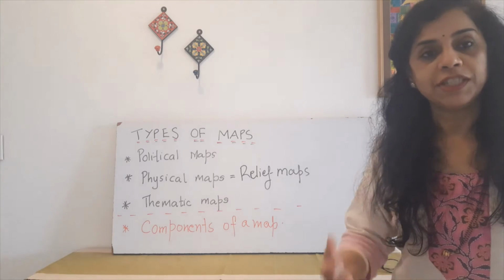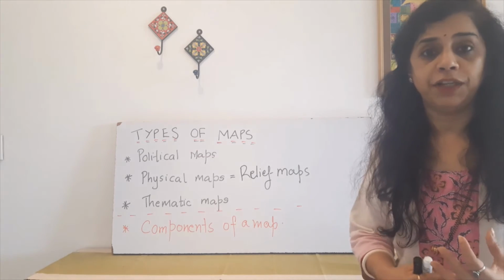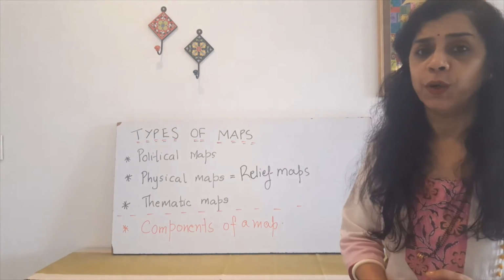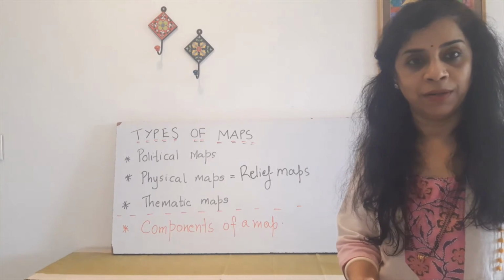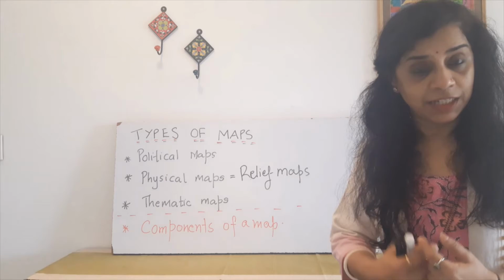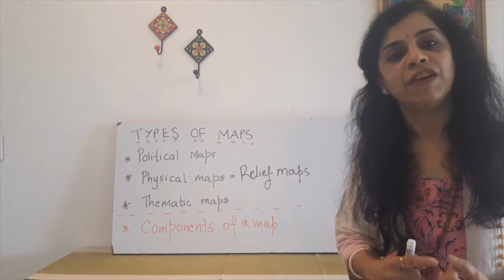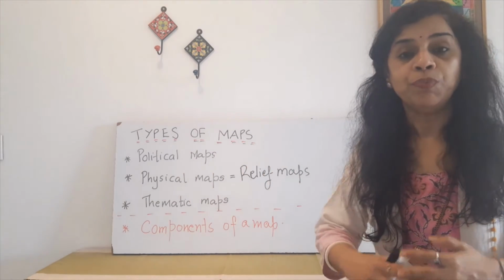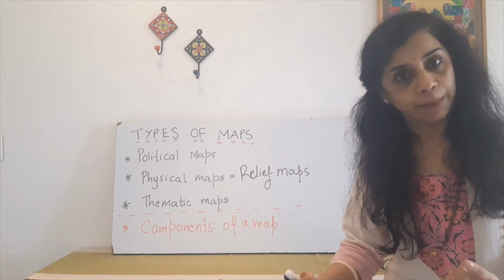On a physical map, you will find natural features or physical features such as mountains, plateaus, plains, rivers, lakes, anything that is natural. But here colors are very important and have meaning. So colors on a physical map show you elevations, that is heights or depths.